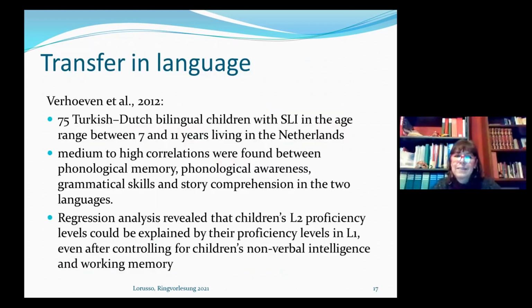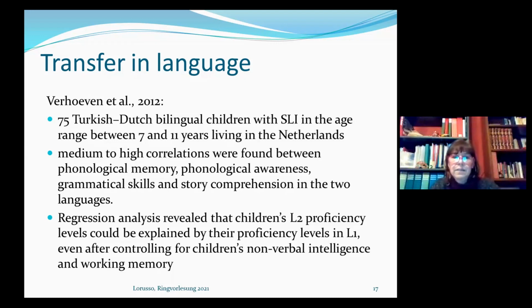So there is constant transfer in language, and we know that transfer can be seen in many language abilities. For example, this study by Verhoeven et al. in 2012 examined language abilities of Turkish-Dutch bilingual children with language disorders between 7 and 11 years in the Netherlands.